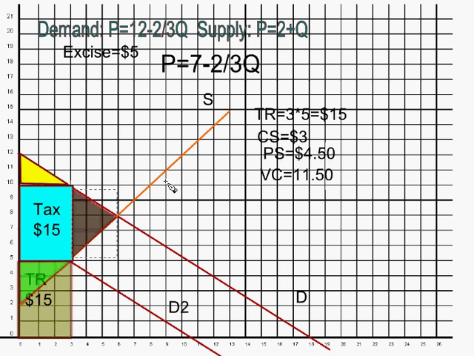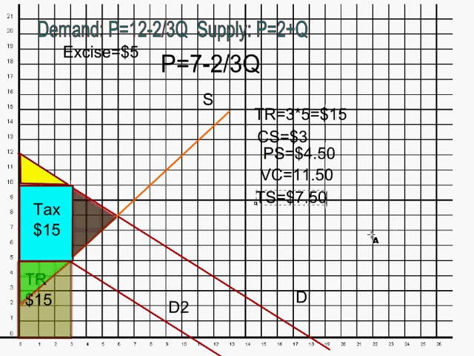But you can't just compare, which is what I really like to do, for a production quota or for a price ceiling. You can't just say that the total surplus before the tax was 30 in this case, in the last couple of examples, and that now the consumer surplus is 3 and the producer surplus is 750. Well, yes, you are exactly right that now the total surplus is equal to 750.